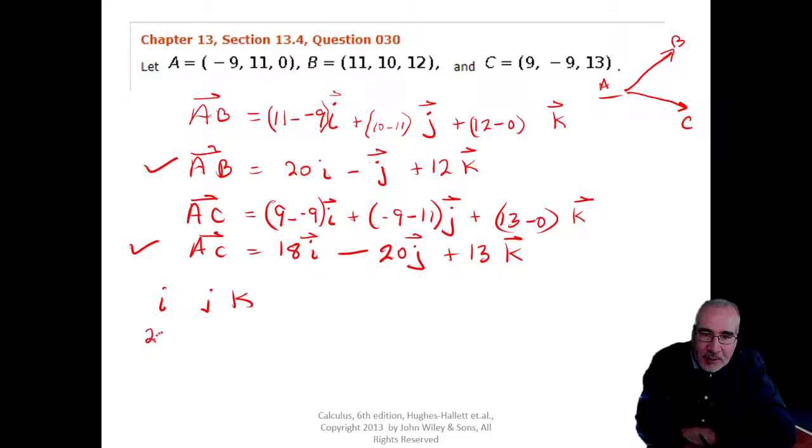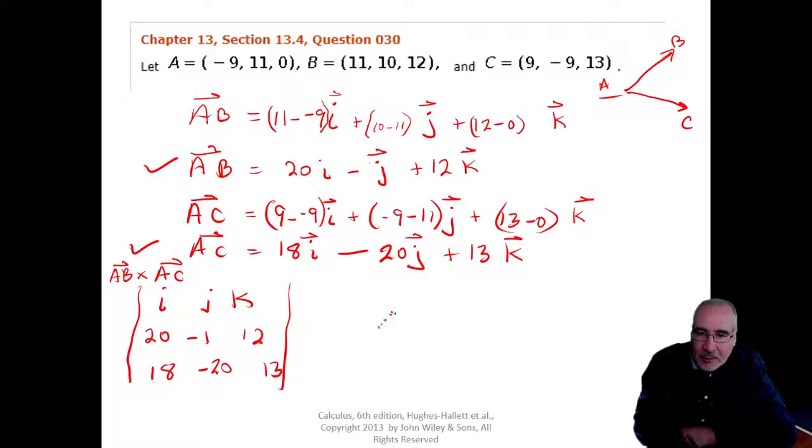So let's set it up more as a matrix. And then the second one is going to be 18, negative 20, and 13. Okay, so that's our matrix. And we want to do vector AB crossed with AC.